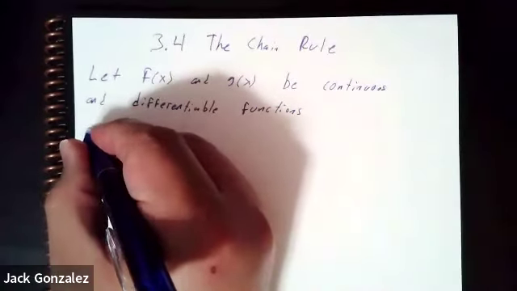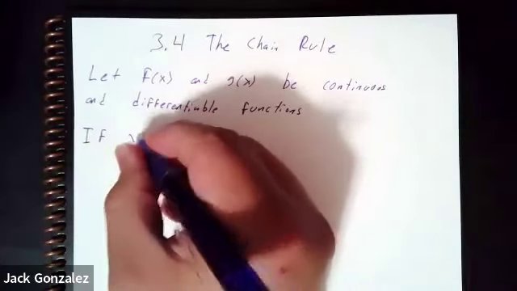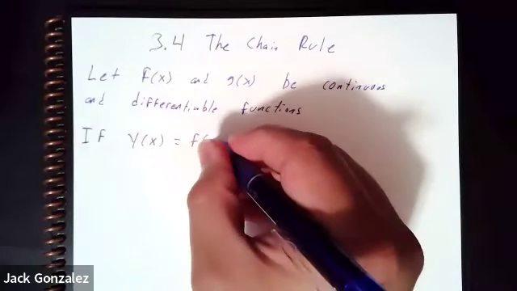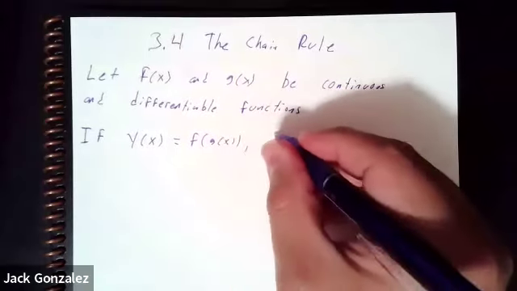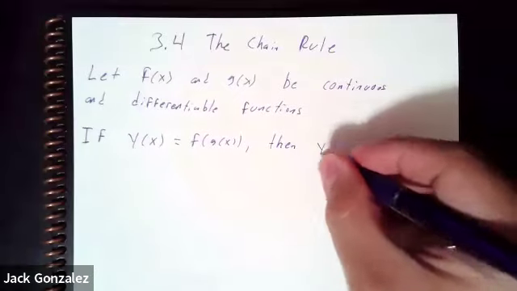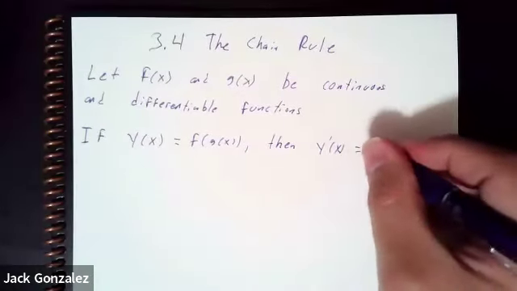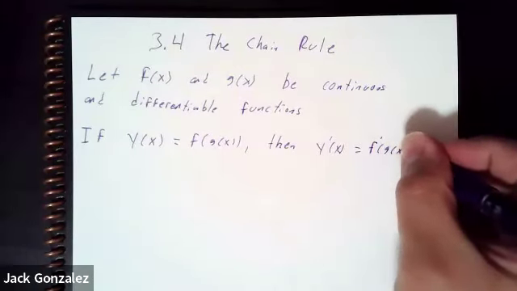So assuming that is true, if y of x is equal to a composite function f of g of x, then the derivative of this function, we'll call it y prime just to keep it simple. I'm trying to keep it as simple as I can so we can try to understand this.